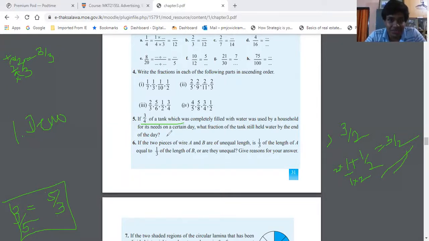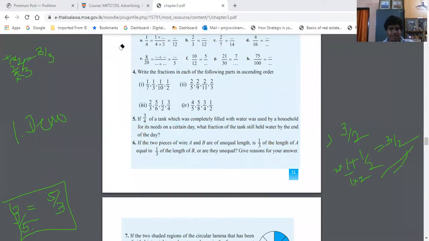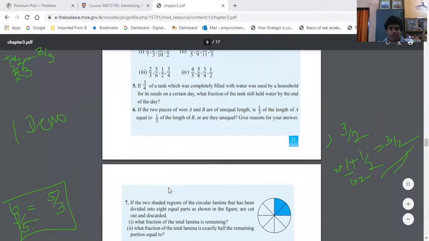That's not even a question. 1/4 is the answer. The household used 3/4 of the full tank. So how much is remaining? That means 1/4 is remaining. This is why I'm saying these questions are very easy.